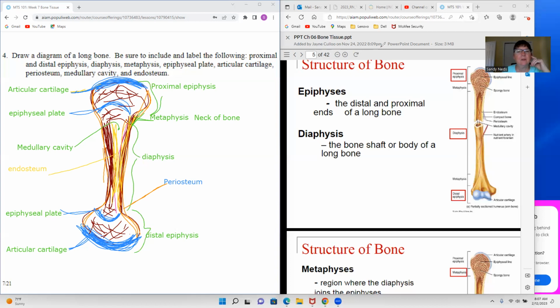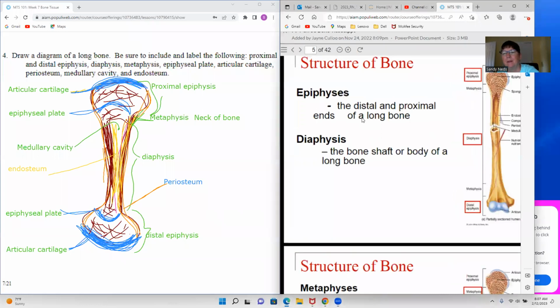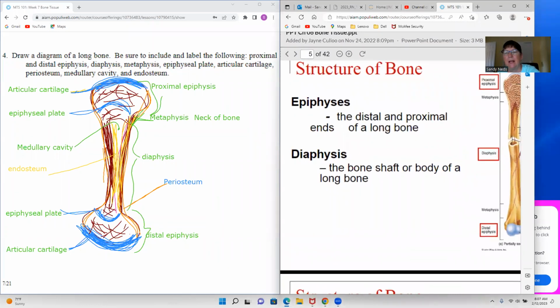So now let's look more in depth. So here we have the proximal and distal epiphysis. Epiphysis is the ends of long bone, and the diaphysis is the shaft of long bone.